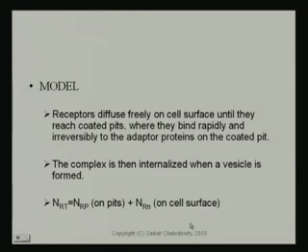We divide them into two different kinds, one which are on the pits and one which are not on the pits, the rest of the cell surface. So NRT is the total number of receptors at time t equals 0, which means that nothing has been internalized yet, equals NRP, which is on the coated pits, plus NRN, which is on the cell surface.